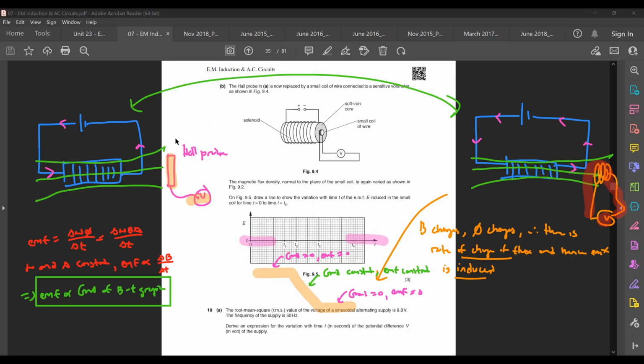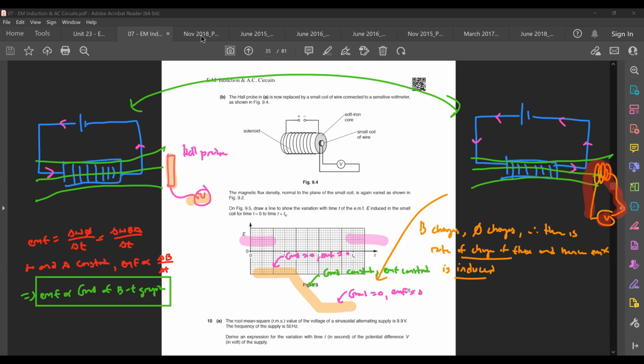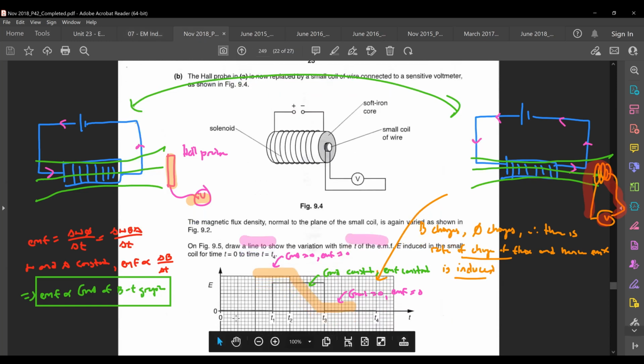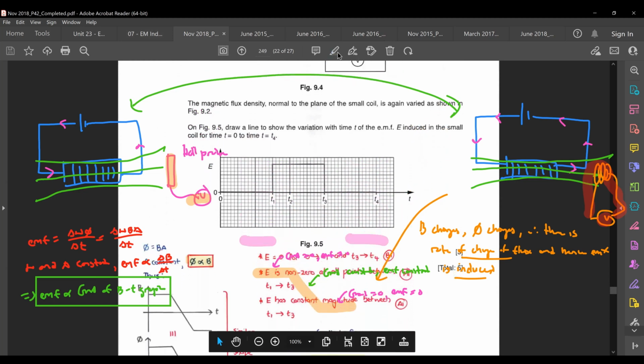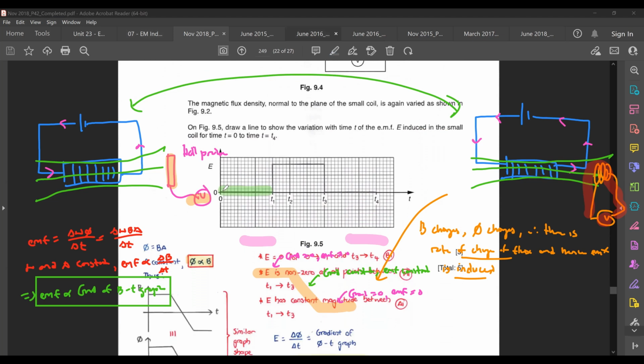So you expect your graph to look something like this now. It's probably going to look like this if you translate what I just drew earlier. There are certain regions where EMF is 0, which is this part, and certain regions where your EMF is constant, which is this part.